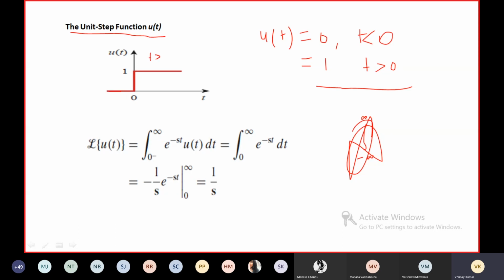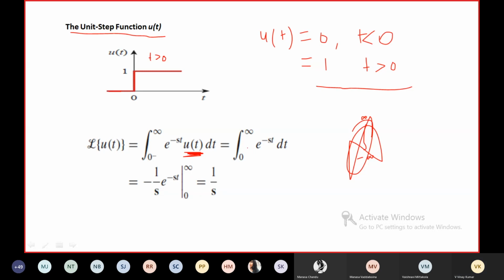Then Laplace of u of t is equal to the integration from 0 minus to infinity of e power minus st f of t, right? Here f of t is u of t, because you are going to find Laplace of u of t. So in place of f of t, you write u of t: u of t dt, which equals the integration from 0 to infinity of e power minus st dt.